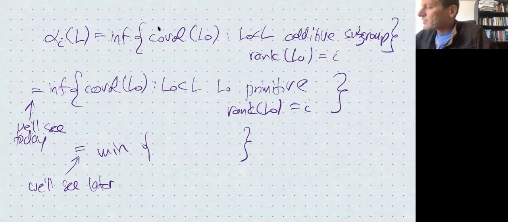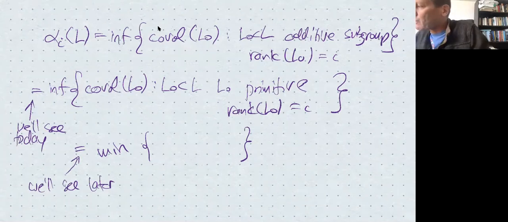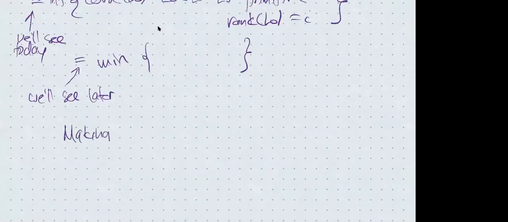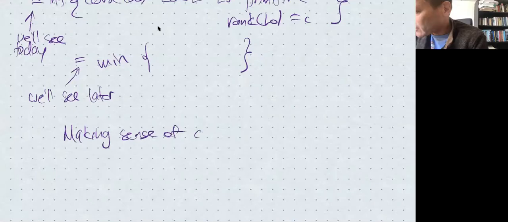Okay, so this is the notion of alpha_i, and like I said, I need to make sense of this quantity, so let's remind ourselves. I'll explain what the issue is here.